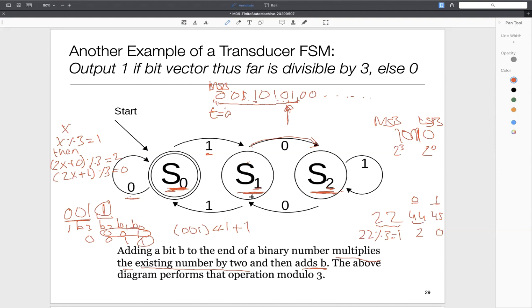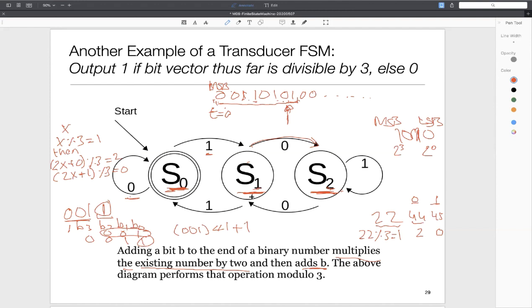For example, let's say we were to modify this problem and say, instead of divide by 3, what would happen if I were to ask you to output 1 if the number thus far is divisible by 5? Since you have seen this problem, your first instinct should be to try having 5 states corresponding to modulo 0, 1, 2, 3, 4. And then I'm going to come up with these rules.